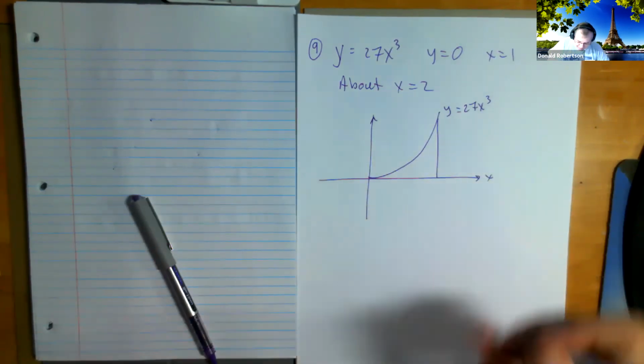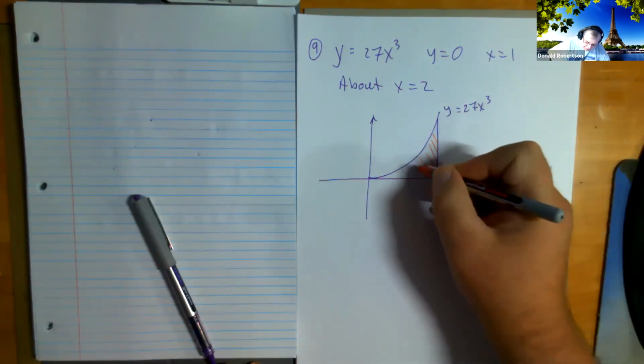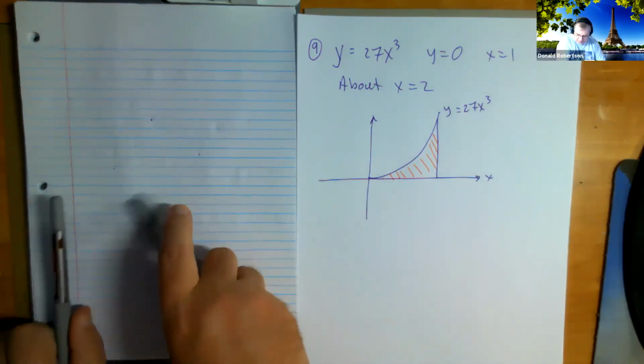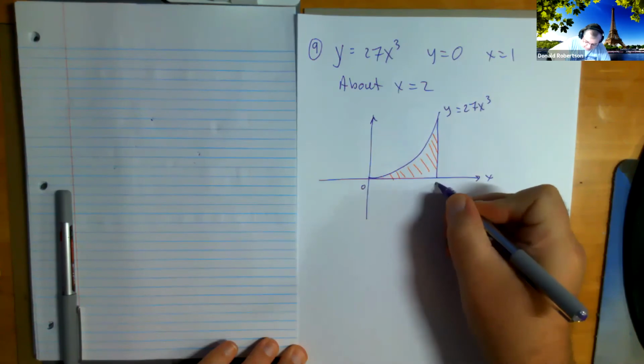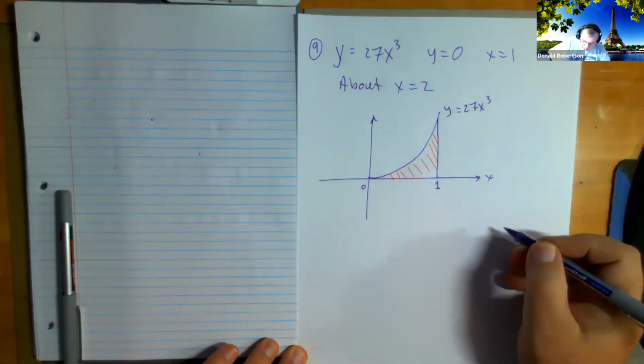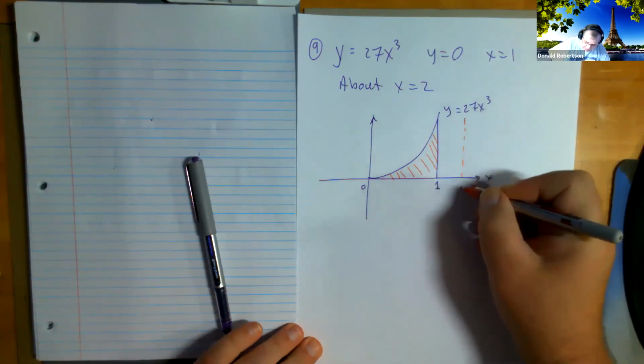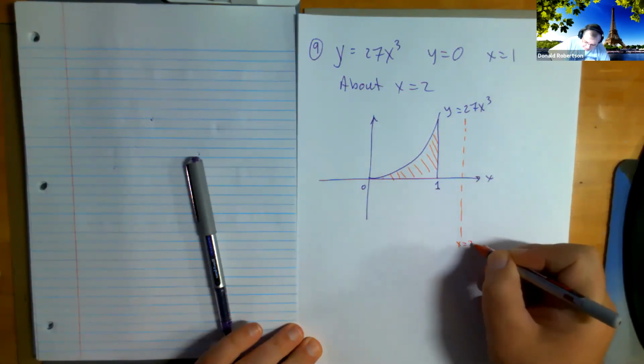So I now know that this is the region that we're going to rotate, and I also know that we're going to rotate it about the vertical line x = 2.